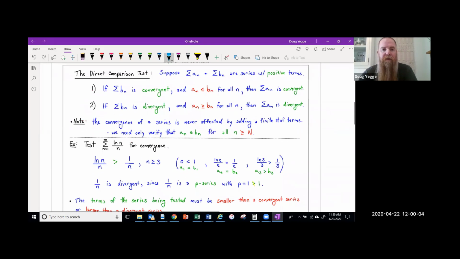All right. So let's take a look at the direct comparison test here. So the direct comparison test is just saying, let's suppose that we've got two different series, okay, with positive terms. And let's assume that we're trying to determine whether or not A sub n is convergent or divergent. So what we do is we pick some particular series that we know about its convergence or divergence. So we take the sum of B sub n is convergent.